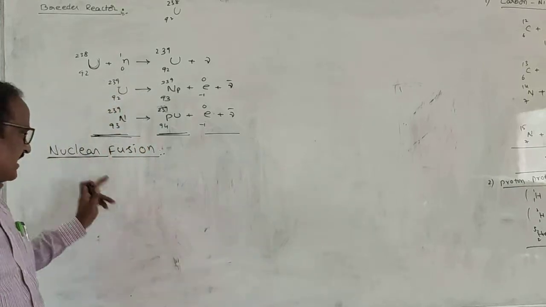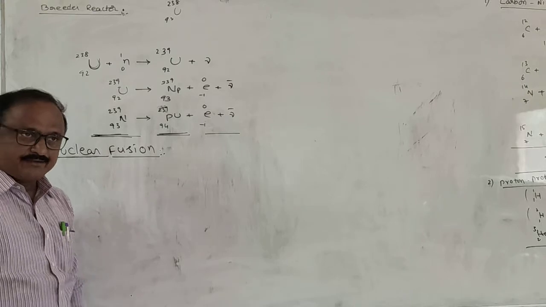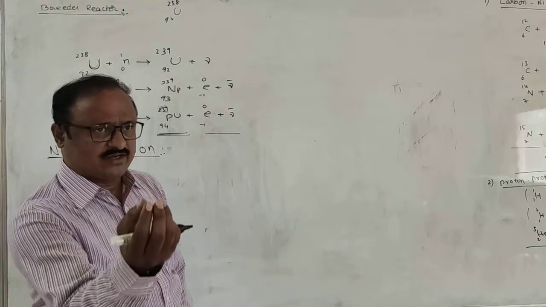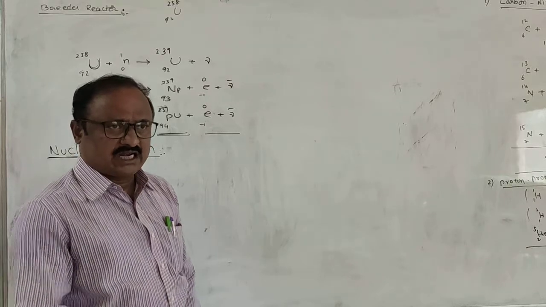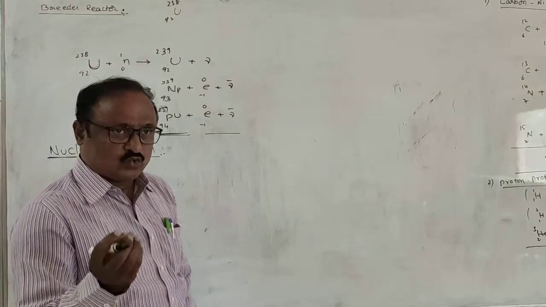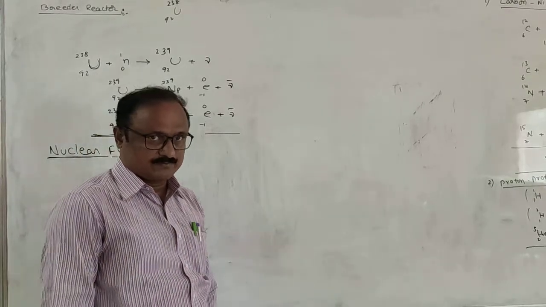Why are fusion reactions taking place here? Because lighter nuclei are very unstable. Suppose in case of the hydrogen nucleus or a proton, the hydrogen nucleus is a very light nucleus whose average binding energy is approximately 1.1 mega electron volts.